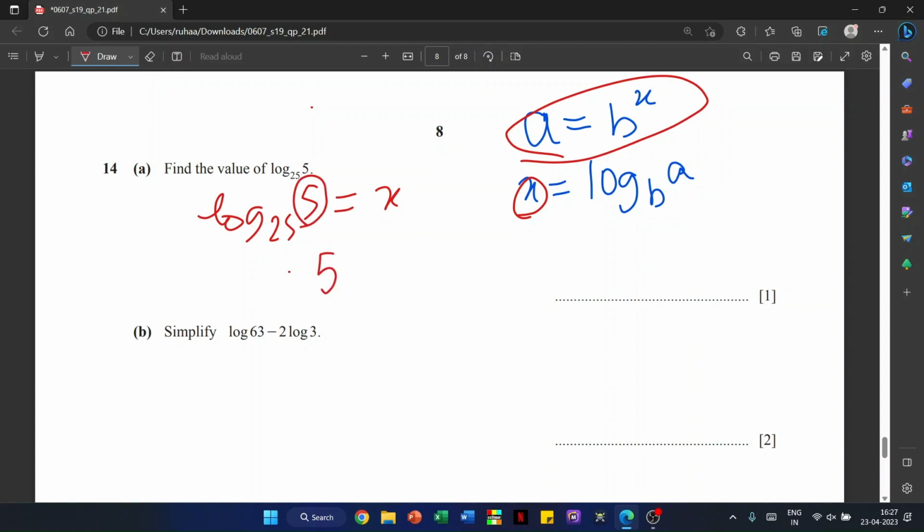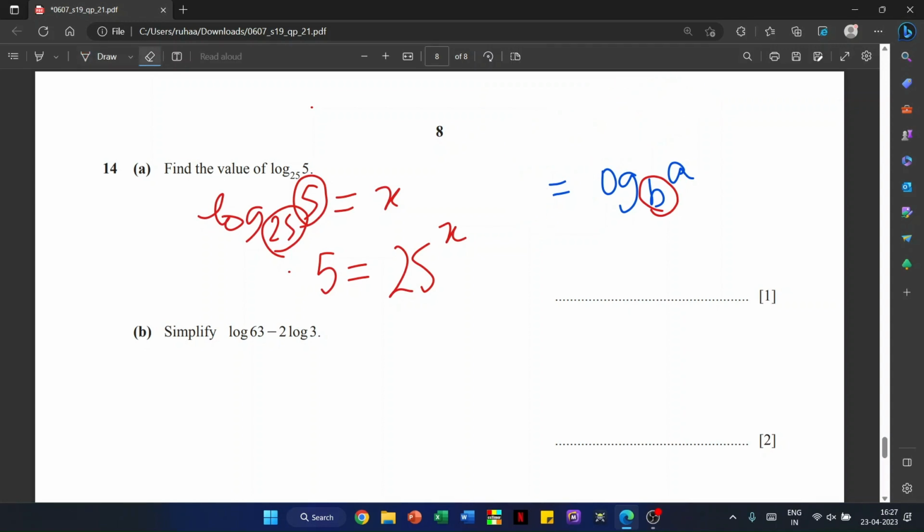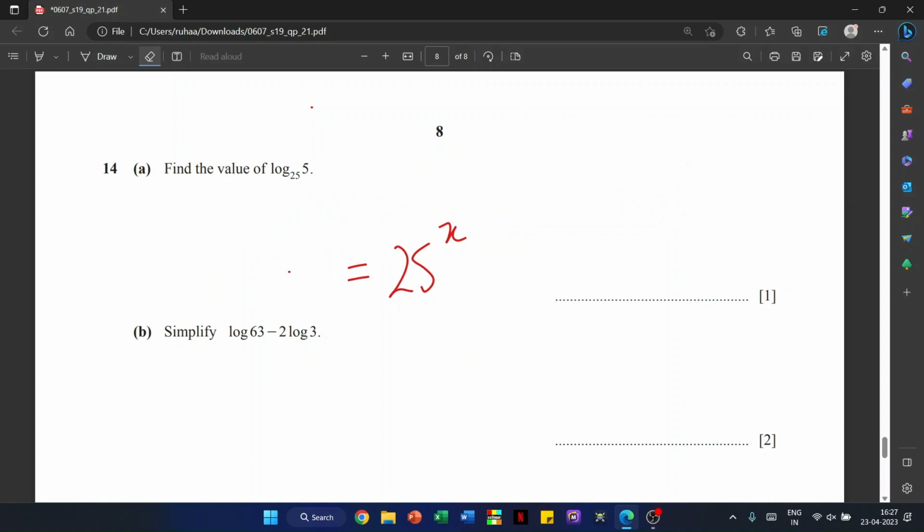So 5 is equal to, b is going to be this over here, 25 to the power x. Now, root of 25 is 5, so x is nothing but 1 by 2.